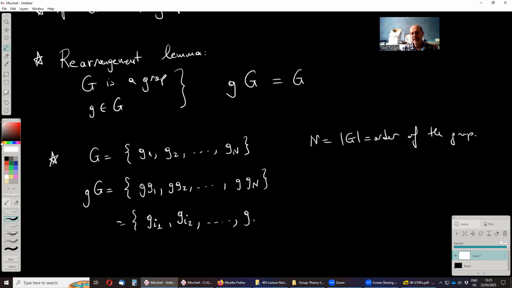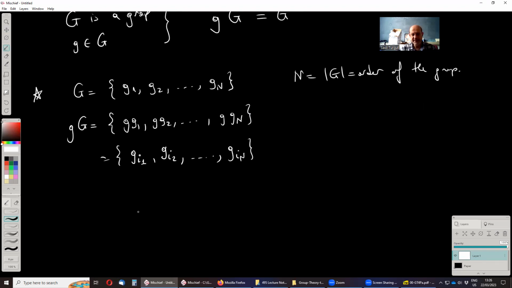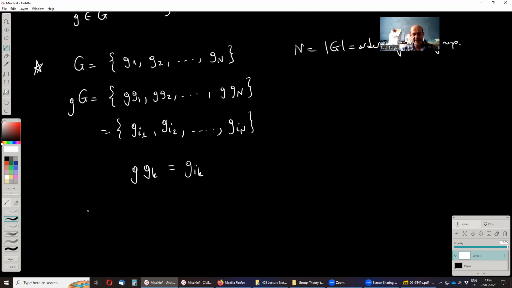So as a result, this one is going to give me the inth element. So what happens in here is that g multiplied with the kth element of the group is going to give me the ikth element of the group. That's basically what I'm saying. So there is this kind of a rule in here.